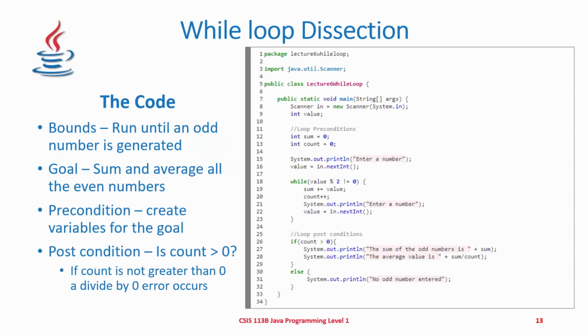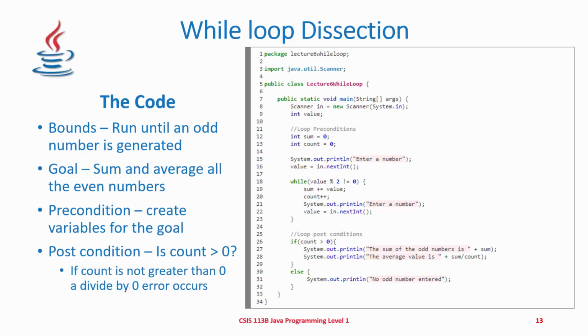reach an even number. Okay, so here we're taking a look at the sentinel range problem we just talked about on the previous slide. You can see that we set it up so that we have the Scanner class so that we can take input, in this case, from the user.